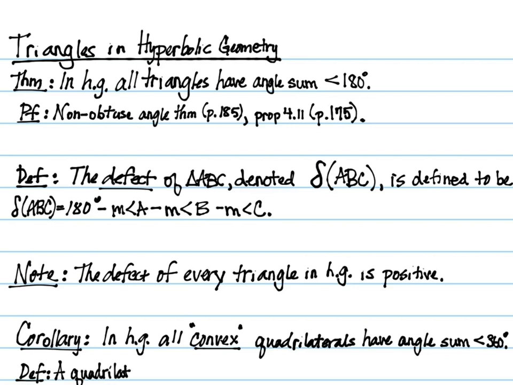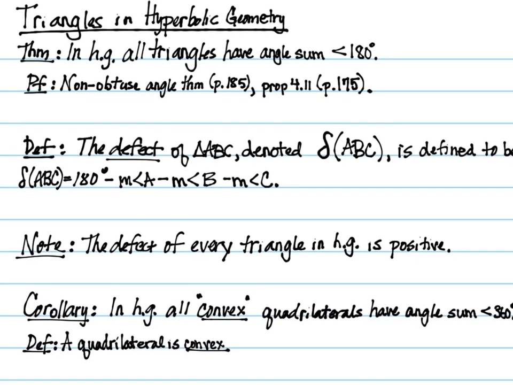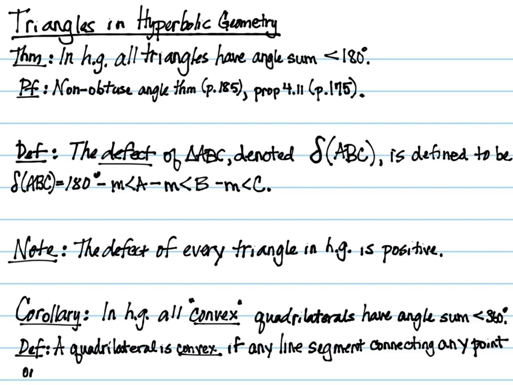A quadrilateral is convex if any line segment connecting any point on the quadrilateral lies inside.